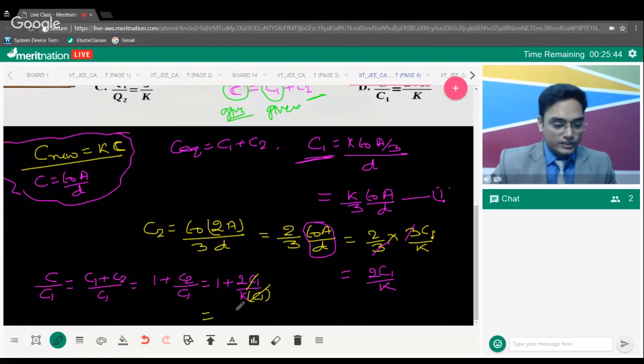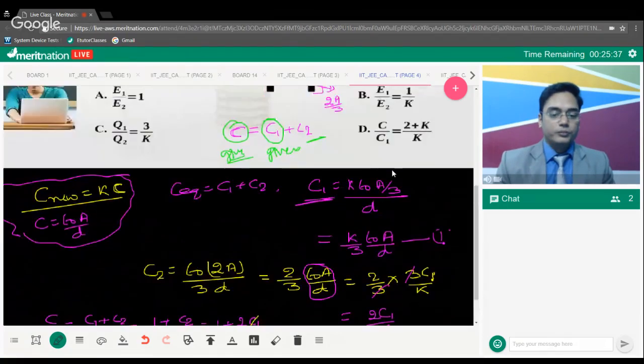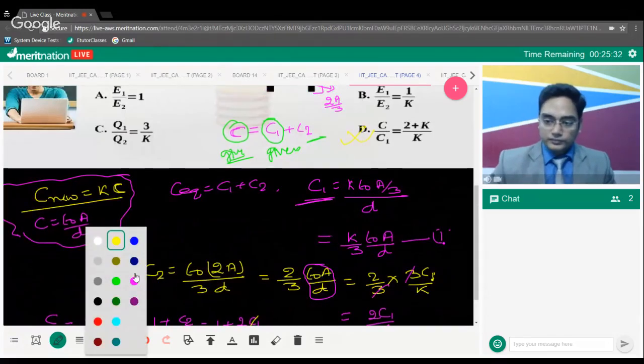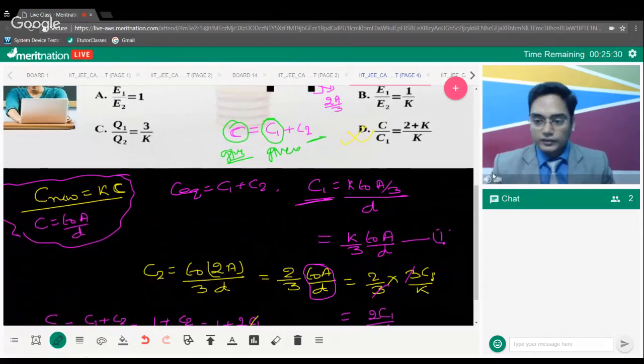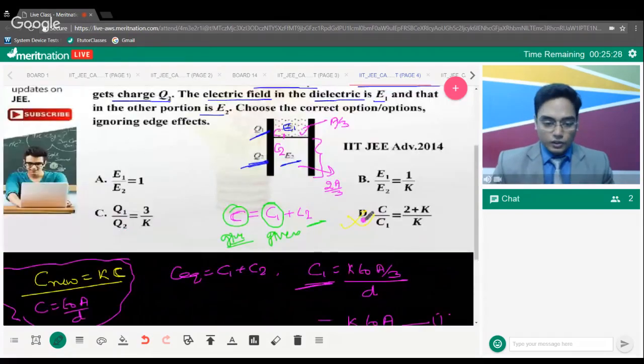So we are getting 1 plus 2 by K, which comes out as K plus 2 by K. So option number D is correct.